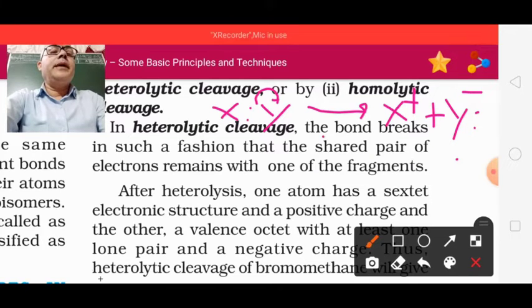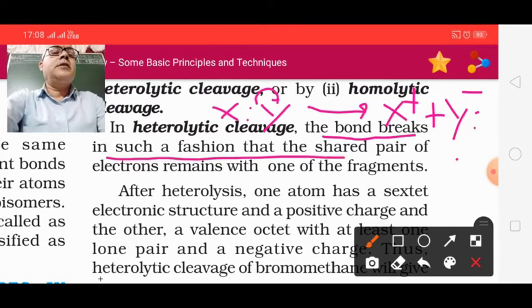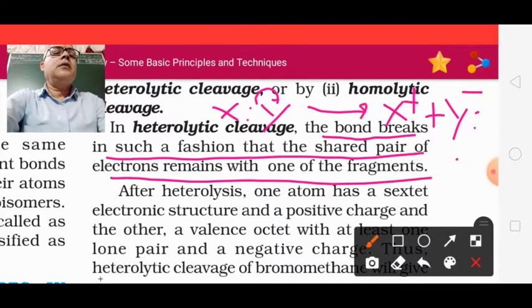The bond breaks in such a fashion that the shared pair of electrons remains with one of the fragments.